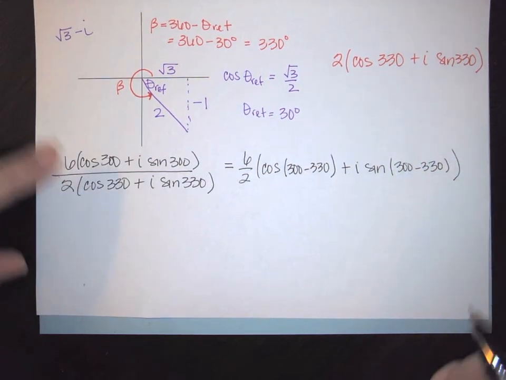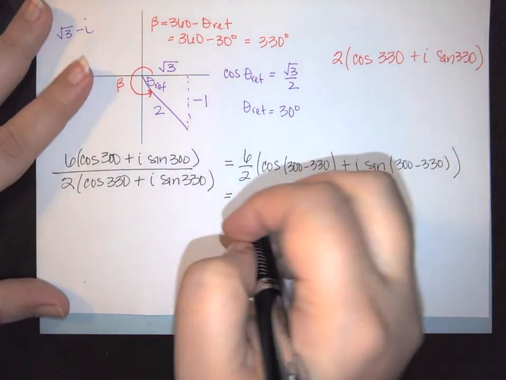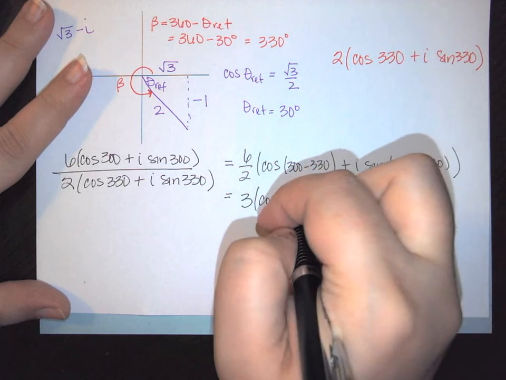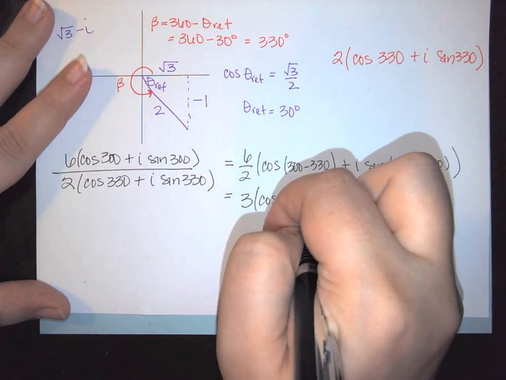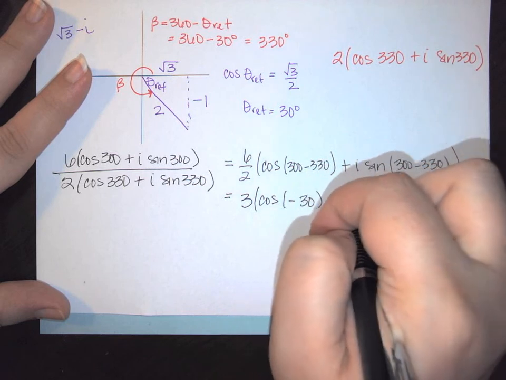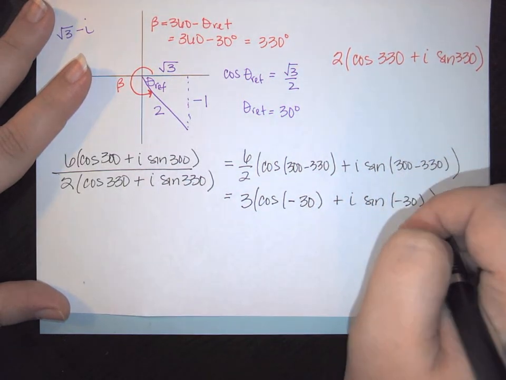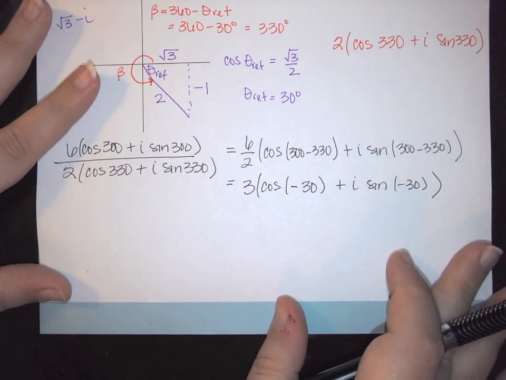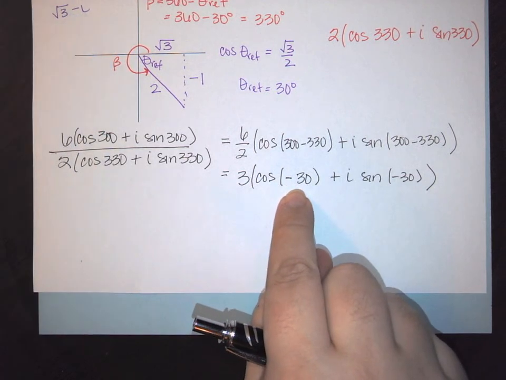And now we need to reduce. So 6 over 2 is going to reduce down to 3. And this is going to be the cosine of negative 30 plus i sine of negative 30. Now, there are a few things we need to pay attention to because we're dealing with this negative value.